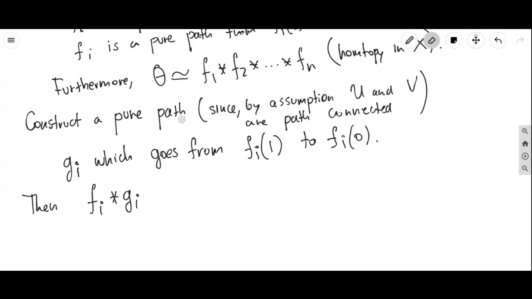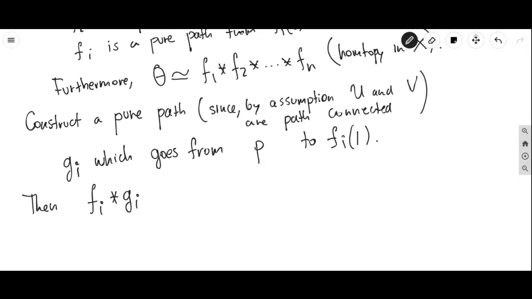So we're going to construct a pure path, where U and V are path connected, and GI goes from the base point P to Fi of 0. And I think this should be Fi of 1.